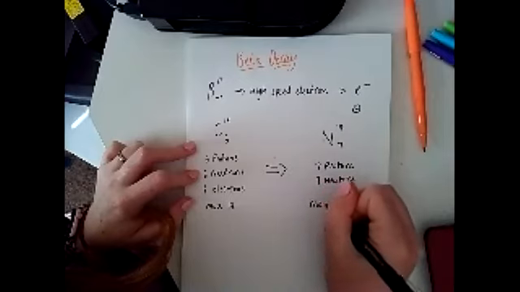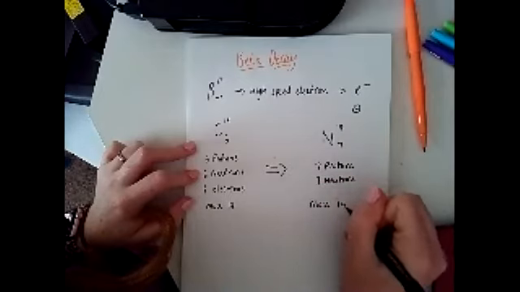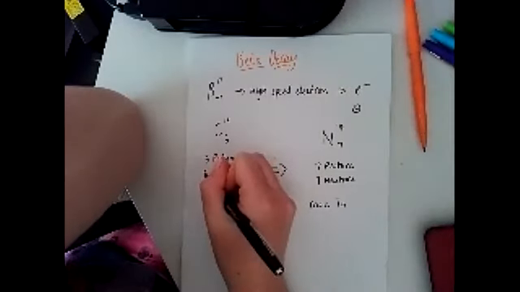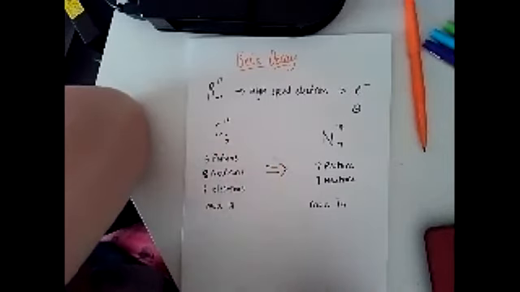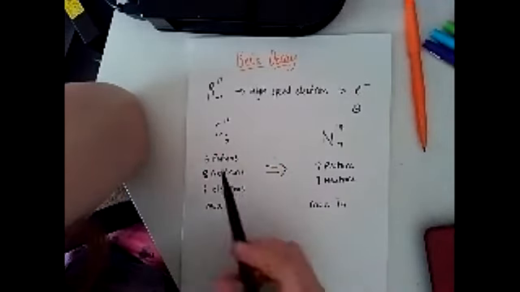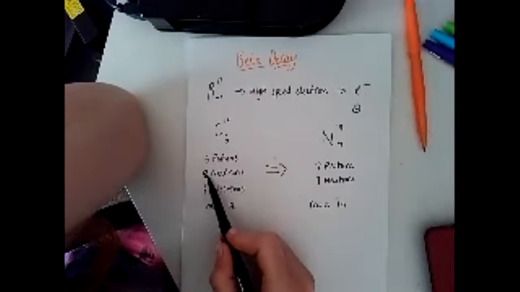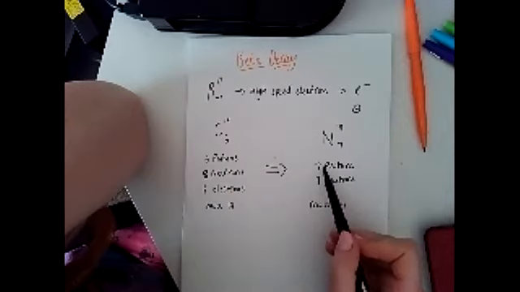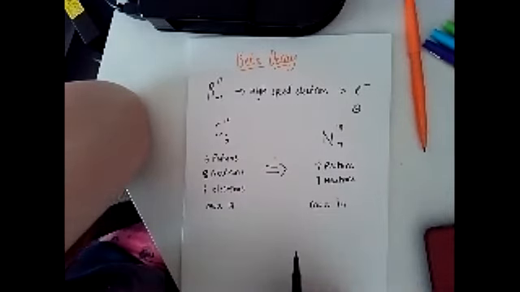The mass is still equal to 14. Okay, oh, I just realised that's not a 6, that's 8. I can't do maths because it's early in the morning. Sorry, guys. So, 6 protons, 8 neutrons, so that total mass is 14. And here, 7 protons and 7 neutrons, the mass is still 14.